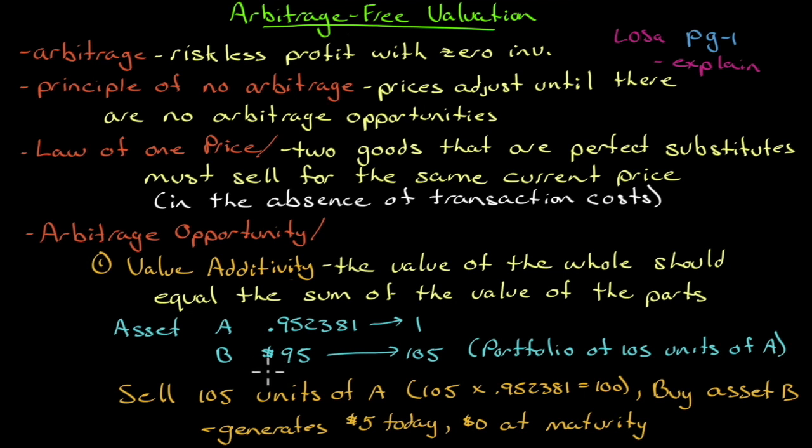B is priced low. So we would buy B and we would sell A. Well, we got to sell 105 units of A. So if we sell 105 units of A, we will get $100. We have the 100, we buy the B for 95. They'll both mature at 105, so we make nothing in the future, but we'll make a quick $5 today. Buying asset B generates $5 today, 0 at maturity.